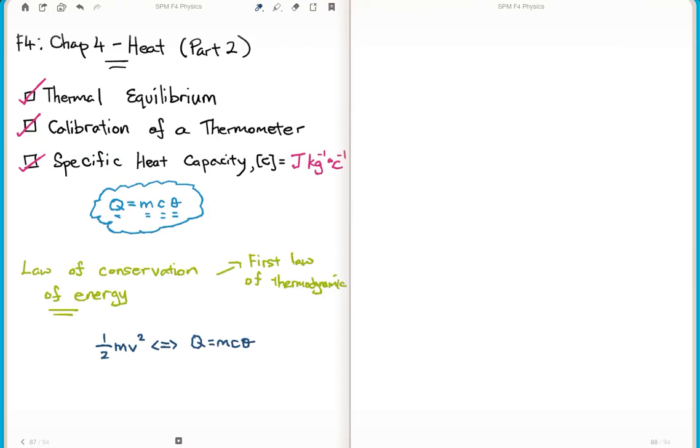So this is what happens to a moving object. It's transformed into heat energy when it's brought to rest by frictional force. The same is true for the potential energy of falling water.